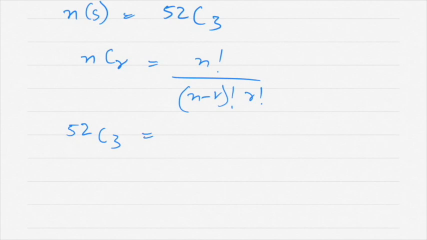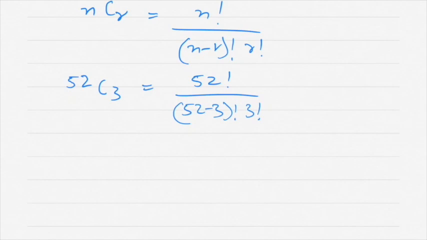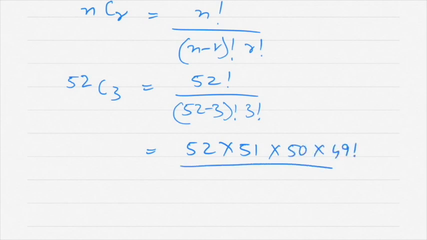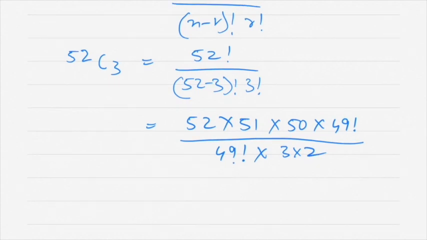So 52C3 is equal to 52 factorial over (52 minus 3) factorial, 3 factorial. Okay. So 52 minus 3 is 49. So 52 multiplied by 51 multiplied by 50 multiplied by 49 factorial divided by 49 factorial and 3 factorial. 3 factorial is 3 into 2, which is 6.